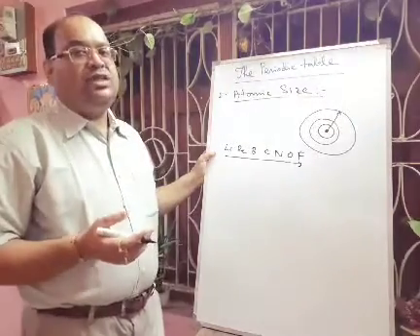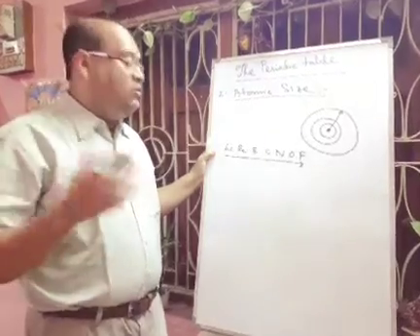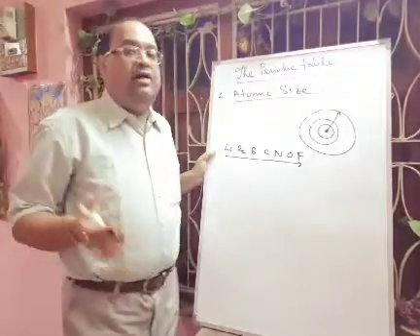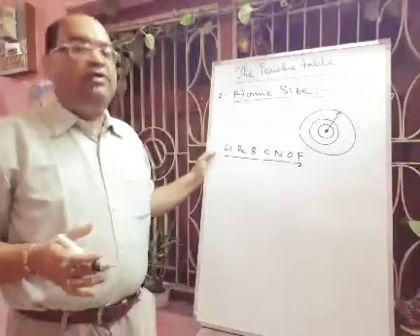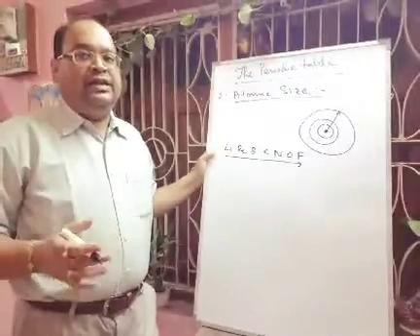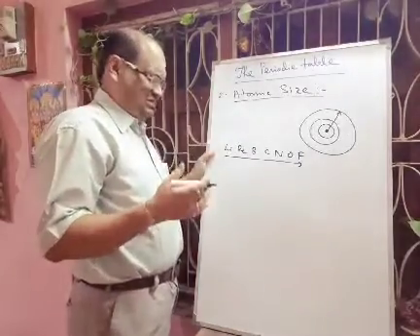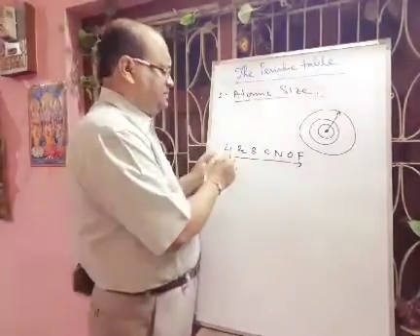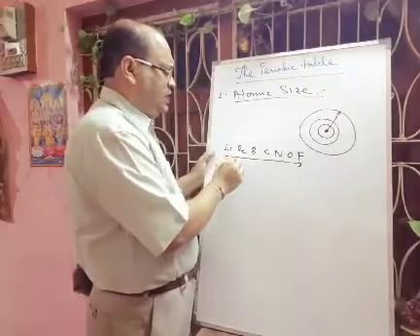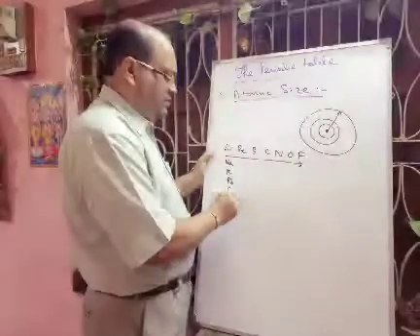But that is in a period. Now if we think in a group, when we are going from top to bottom, definitely the atomic radius will increase as the number of shells increases. So lithium, then sodium, potassium, rubidium, cesium, francium.